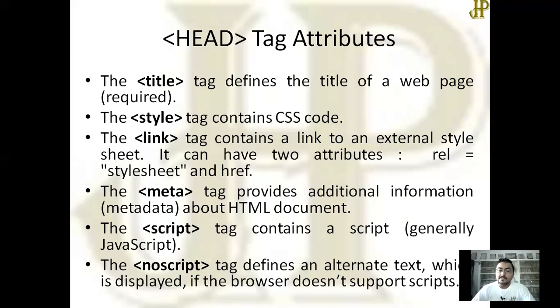It defines an alternative text. Why? Because some web browsers do not support scripting language. Thus, if the scripting language is not supported, then on behalf of the script, noscript will run.